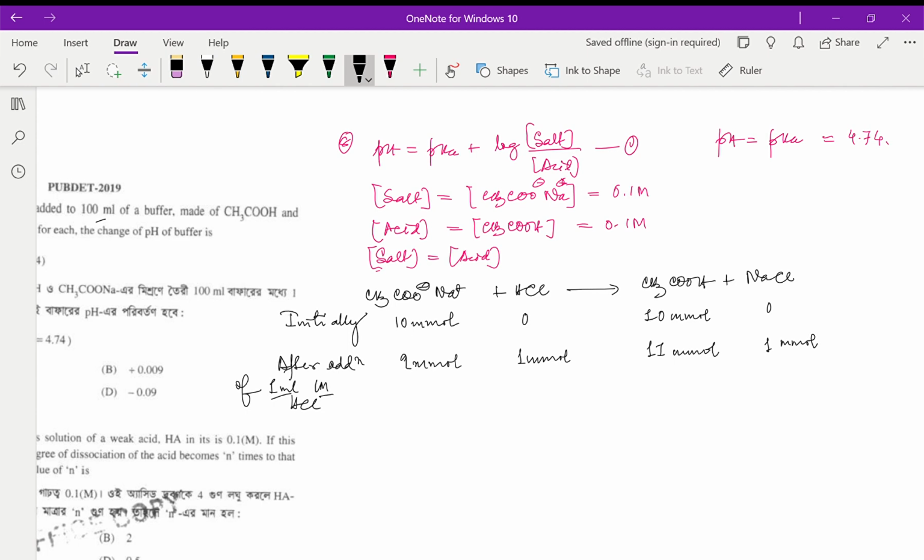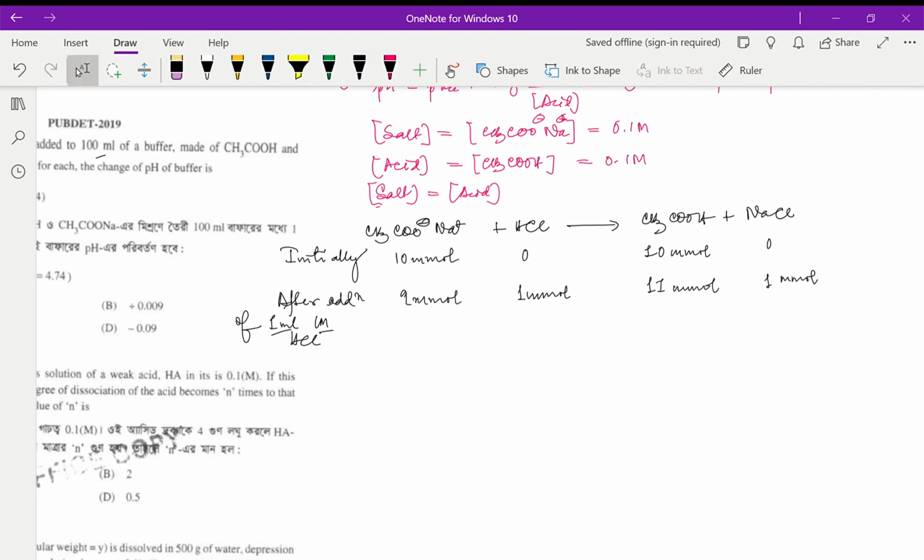All right. So if that happens, now we got the amount of HCl reacting with this. So we got the number of moles of the salt, the number of moles of the acid, and what is the volume?